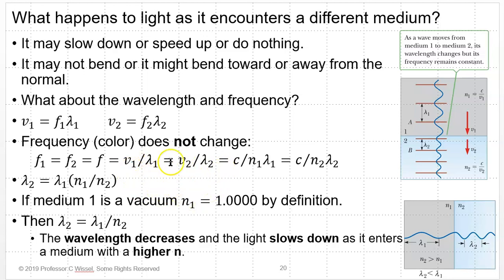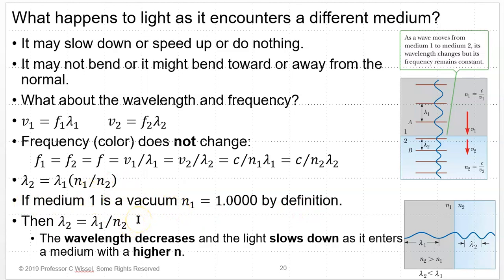And we know that v1 and v2 are not going to be the same, but there's a relationship. v1 will be c over n1, and v2 will be c over n2. We can eliminate the c's, and we can come out with this relationship to get the wavelengths in different media. So lambda 2 will be lambda 1 times the quantity n1 over n2. If the medium is a vacuum, then n1 would be 1 by definition.